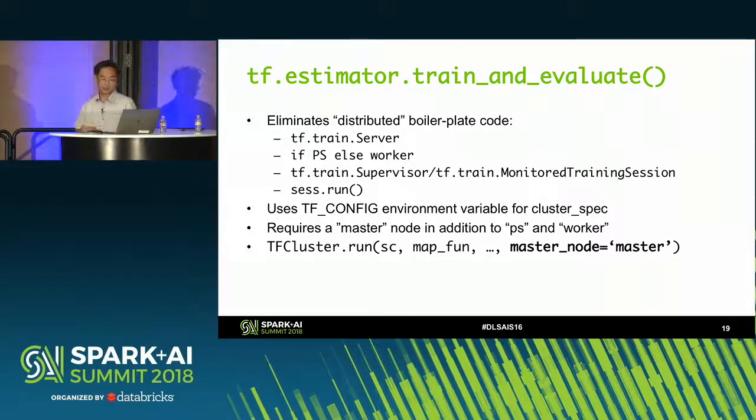Something that comes along with this is now we require a master node. So there's a new optional argument in the TF run to supply a master node. If we see this, TensorFlowOnSpark will figure out and set the TF config on all your executors as required.